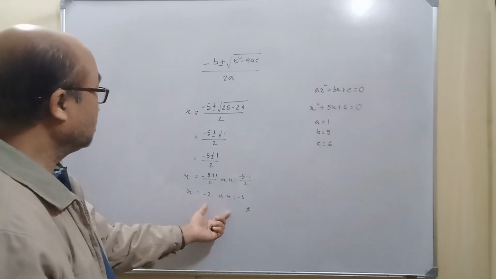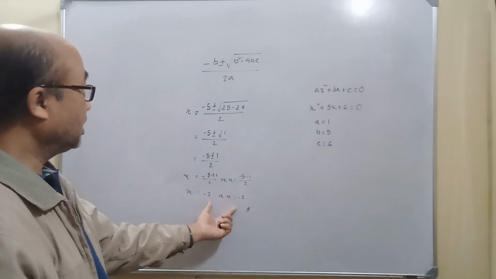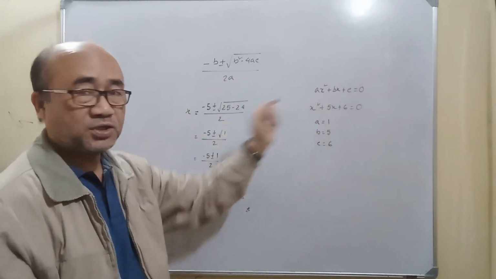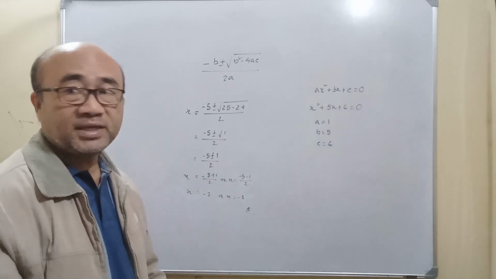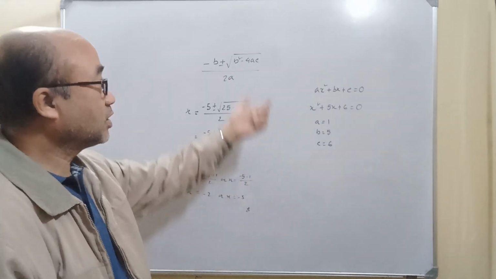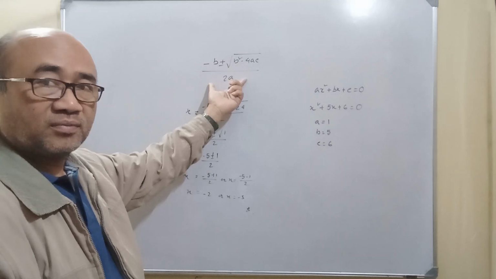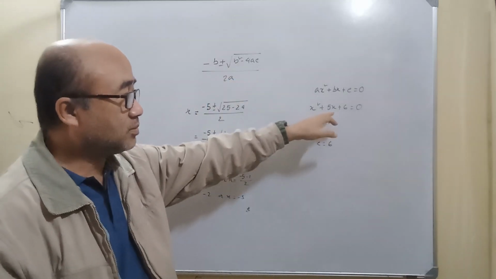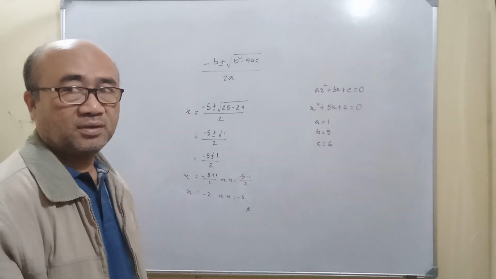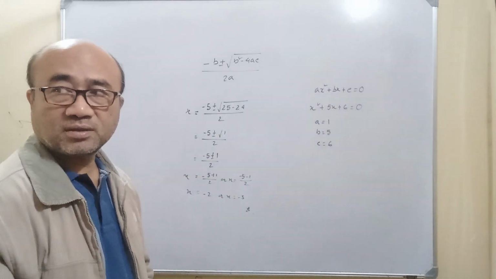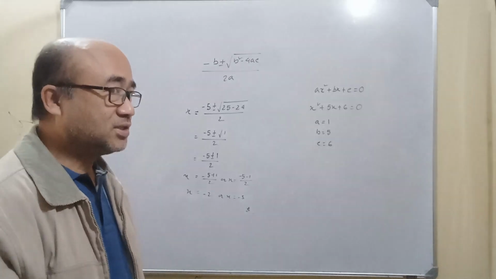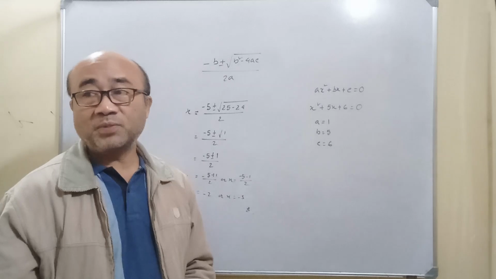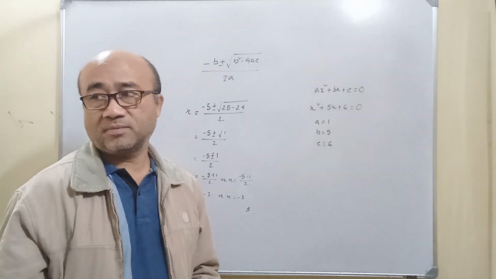So we get the solution, or the values of x, by just replacing the values like this from the equation itself. So it is very easy. You just have to remember the formula, and then input the values from the equation itself and you arrive at the solution. Much easier than doing factorization or using the completing the square method.